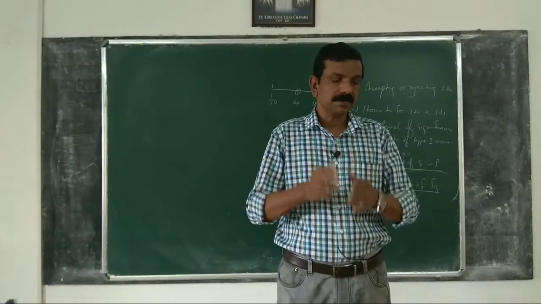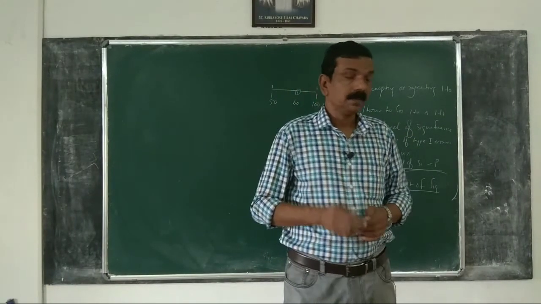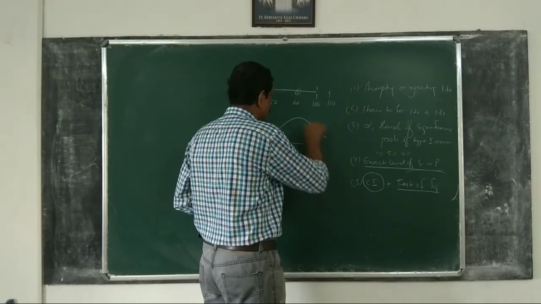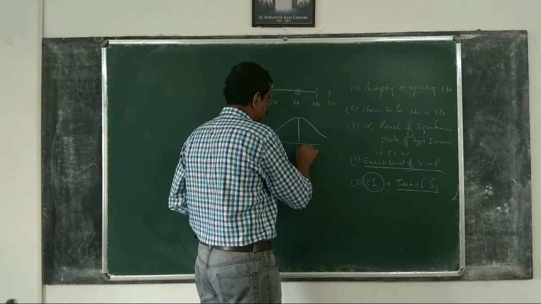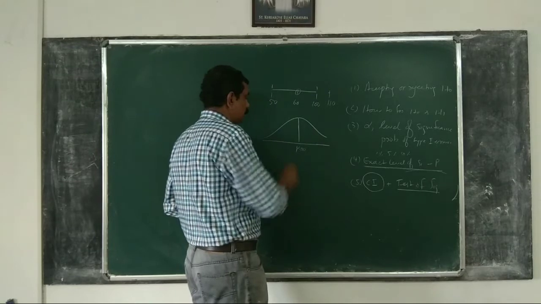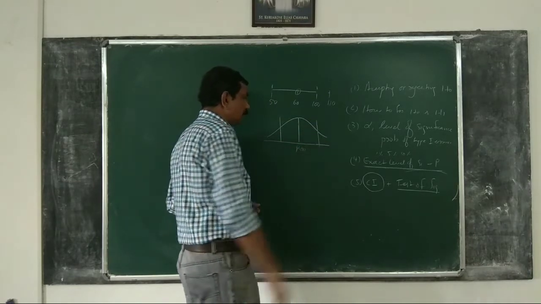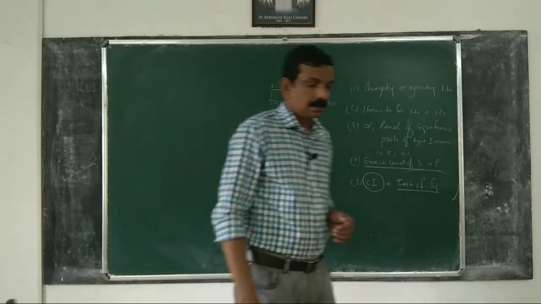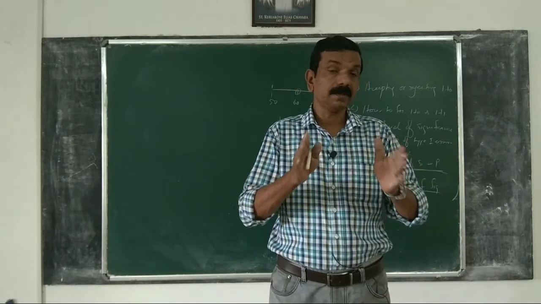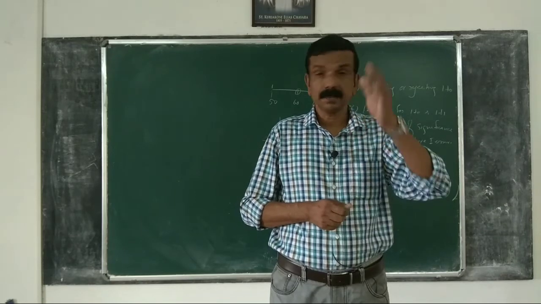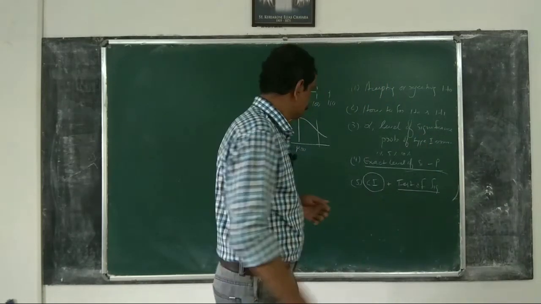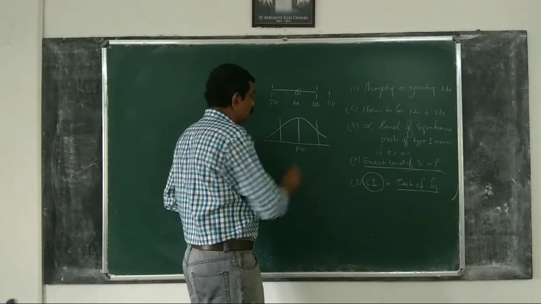In the test of significance approach, we hypothesize a value, say mu is equal to 10, and we try to see whether the value of x bar obtained from the sample is reasonably close to the hypothesized value.